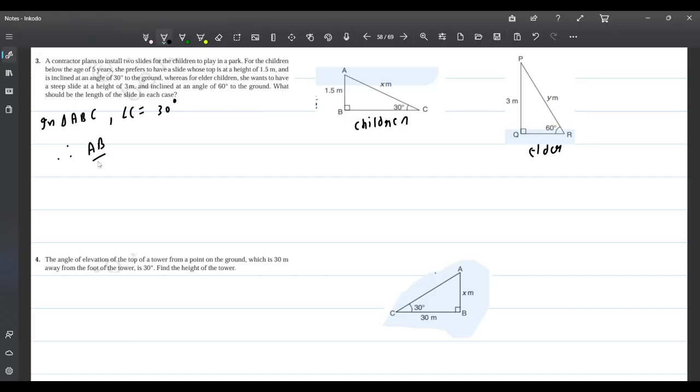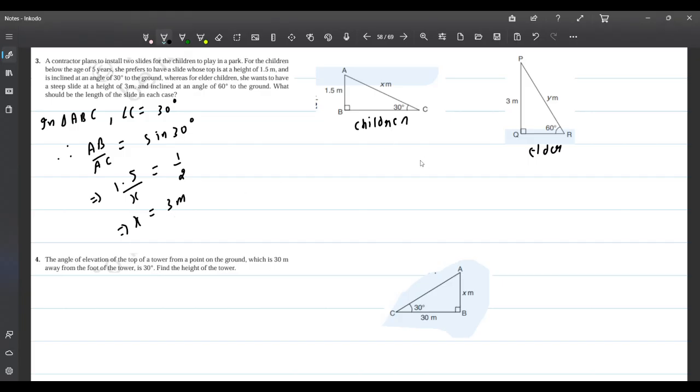AB upon AC is equal to sin 30 degree. So this is equal to 1.5 upon x, which is equal to 1 by 2. So x is 3 meter. So length of slide for children below 5 years is 3 meter.